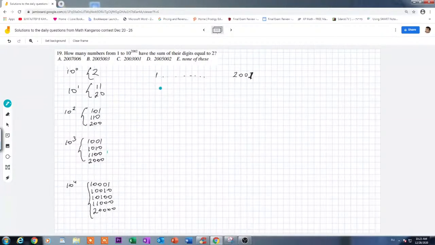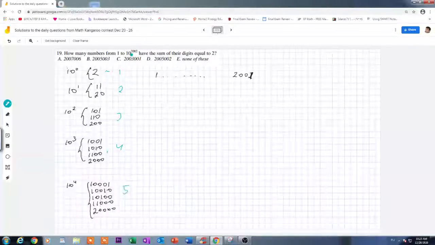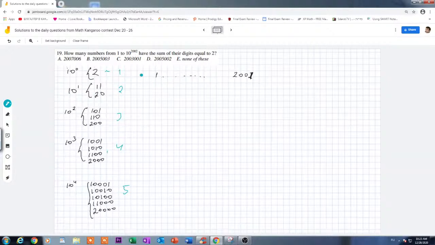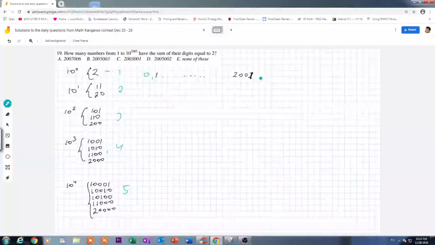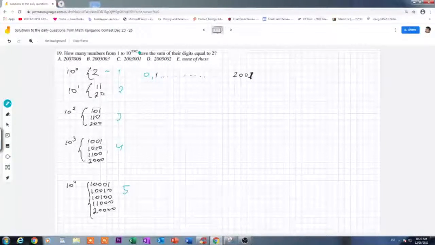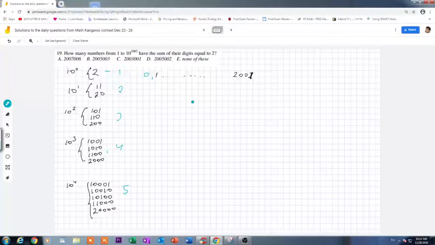So how many in total? As we can see, we have 1 here, 2, 3, 4, 5, and so on. So if we have 2002, then altogether we have from 0 to 2001. So we have 2002 numbers, including 0.